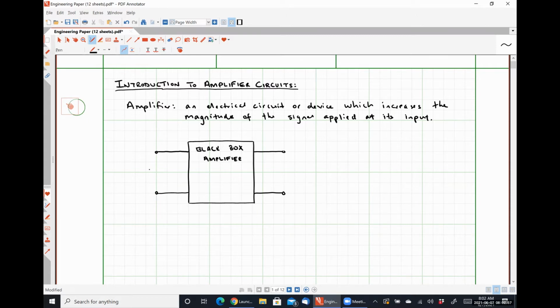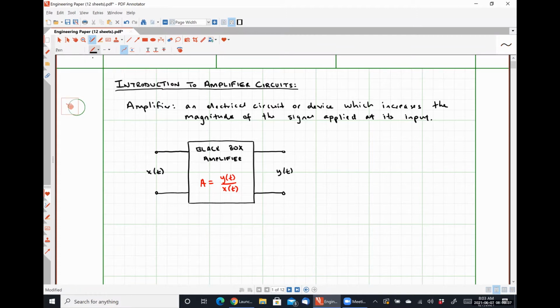And here on the left-hand side, we have our input. And I'm going to say generically that our input signal we'll call X of t, and our output signal we'll call Y of t. And our transfer function for this amplifier network will be the gain, denoted by the letter A, and it is defined as the ratio of the output divided by the input.